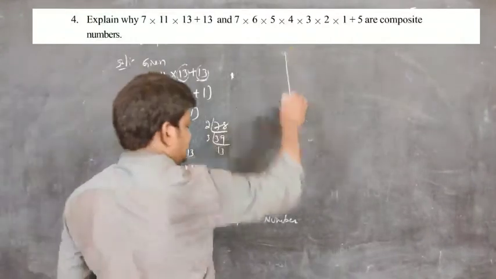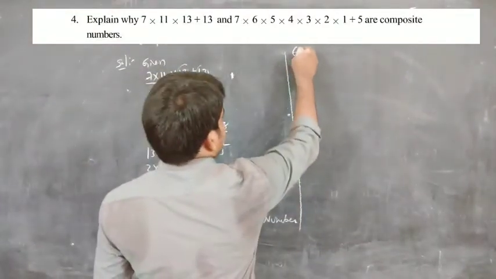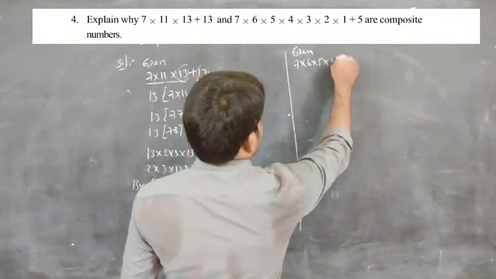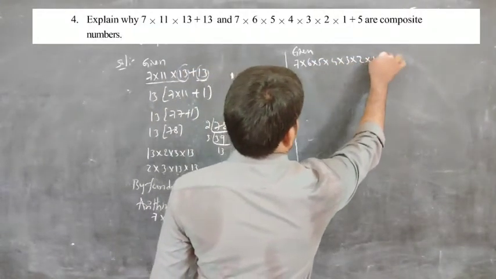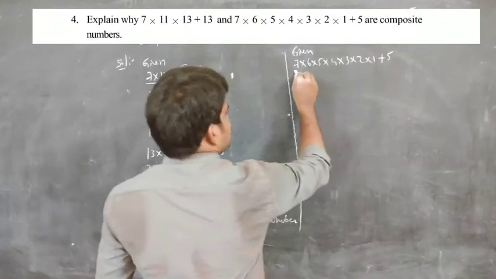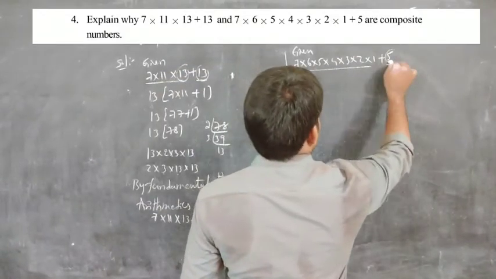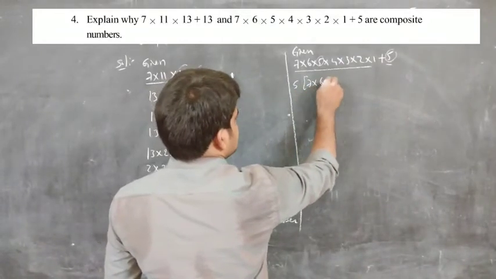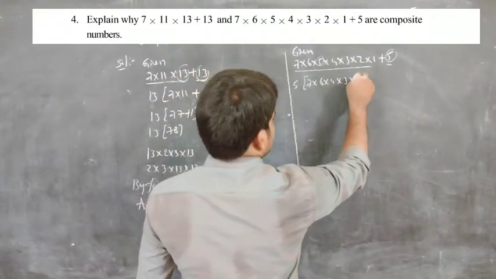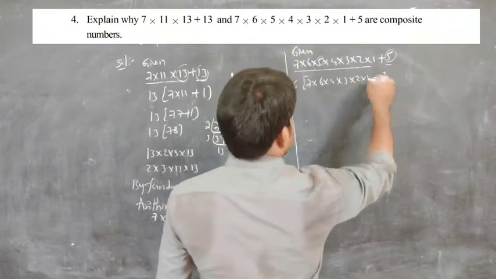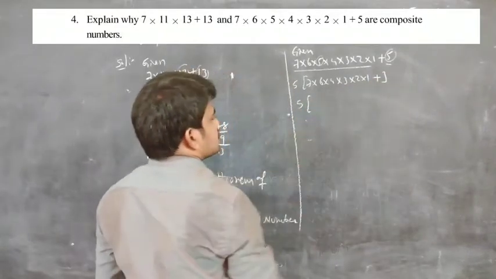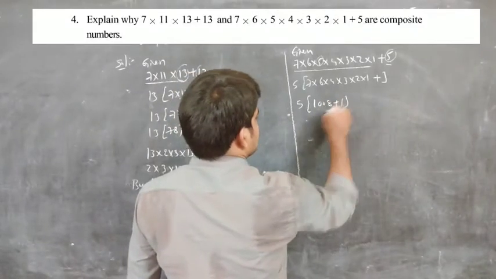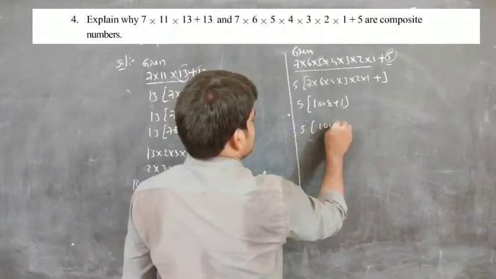Next one, given 7 into 6 into 5 into 4 into 3 into 2 into 1 plus 5. In this, 5 is common. So taking 5 common, the remaining terms are 7 into 6 into 4 into 3 into 2 into 1 plus 1. So 5 into (1008 plus 1), that is 5 into 1009.